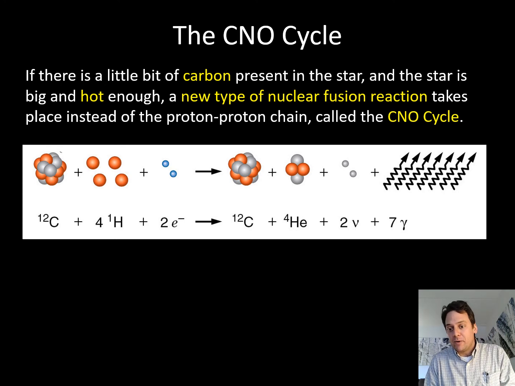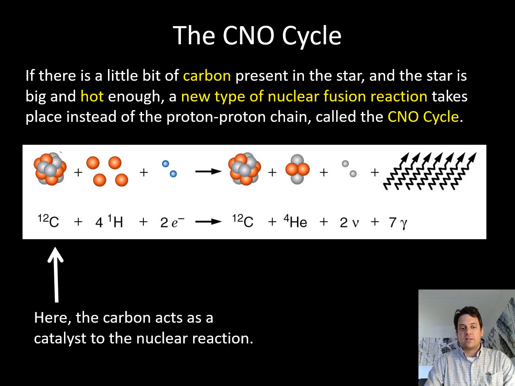And if you remember your proton-proton chain, you'll remember there were 2 positrons involved as well. Well, those positrons effectively cancel out the electrons that came in on the left side. So again, we'll see the details, but this is the highest level picture of what's going on in the CNO cycle, which again are the dominant reactions for high mass stars.